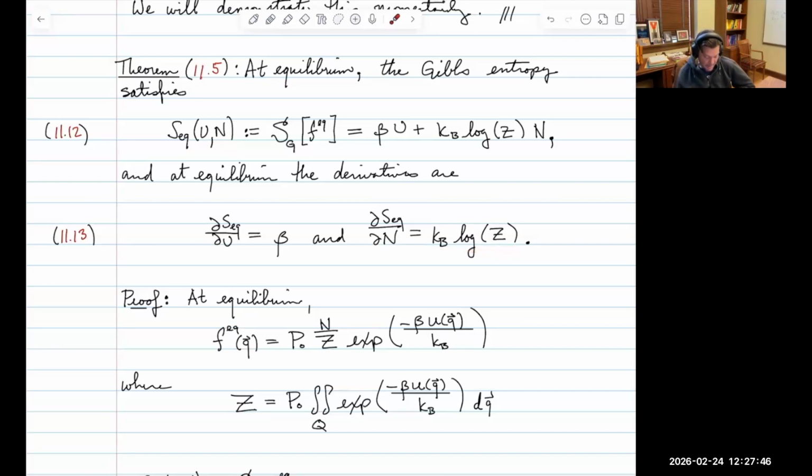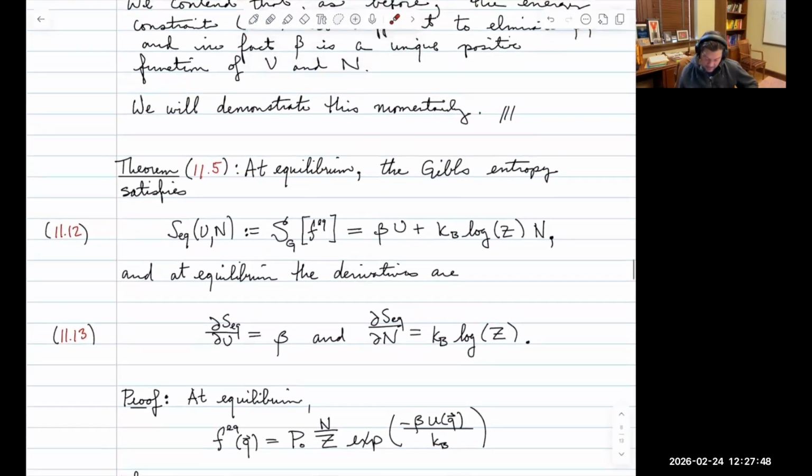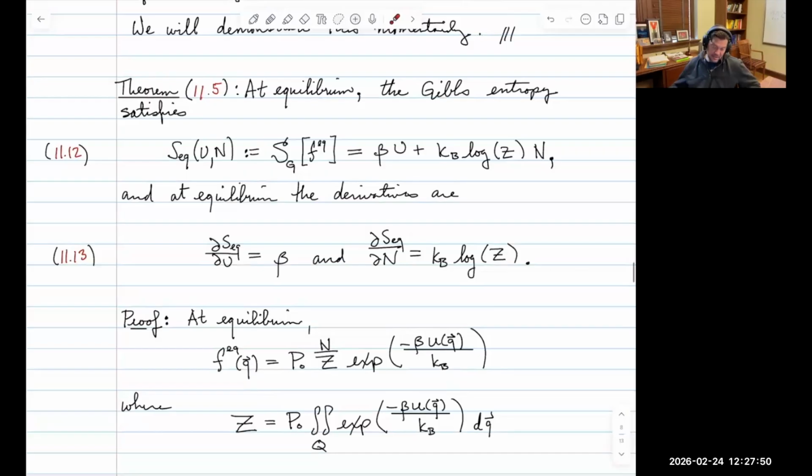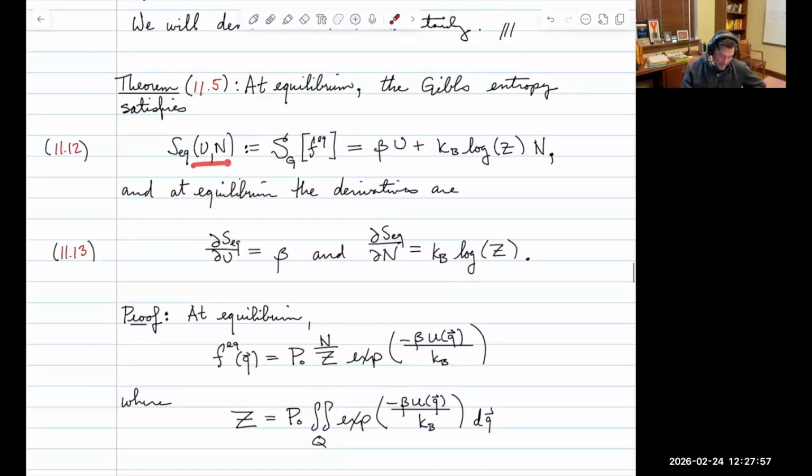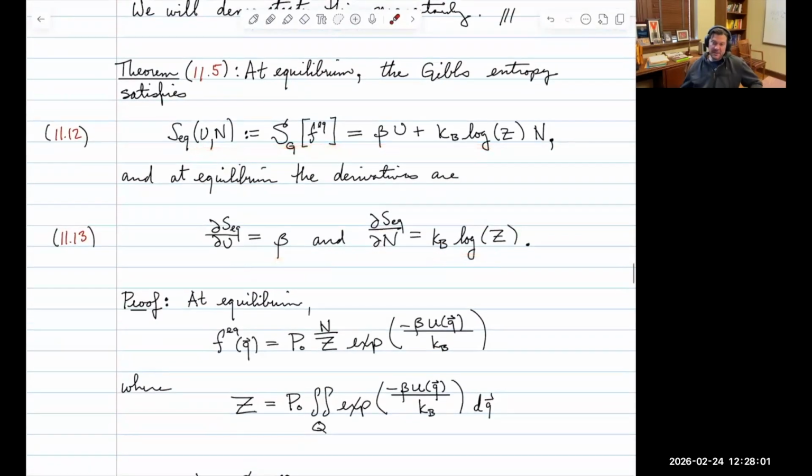Okay, for the sake of time, I may have to go through these a little bit quickly and just have you check them on your own at your leisure. We can do this one fairly easily. This one takes a little more time. But nicely, the calculations are completely analogous to what we did for the quantized energy case.